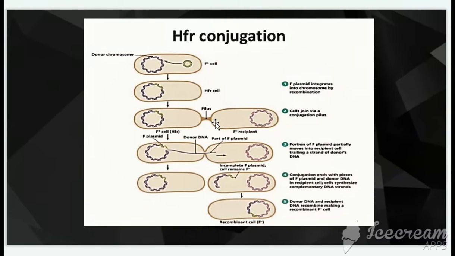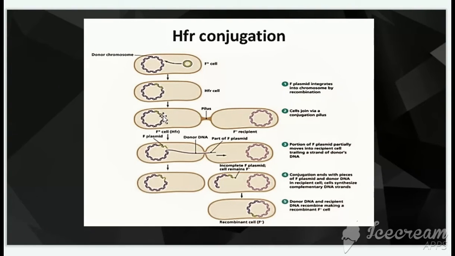After that, the rolling circle mechanism is going to be performed, in which the relaxosome and relaxase are going to work. The process is just like conjugation.